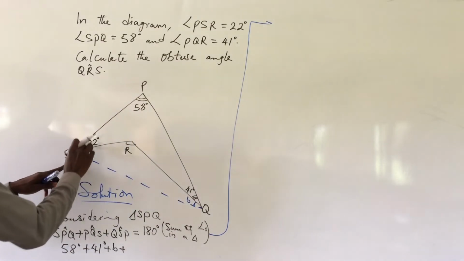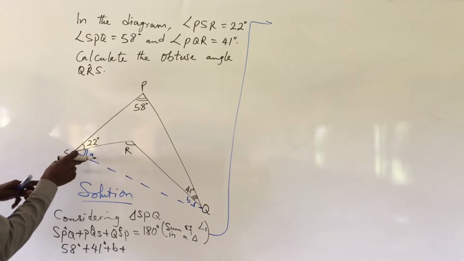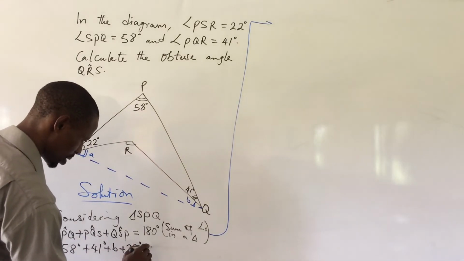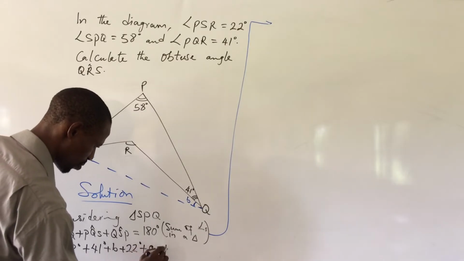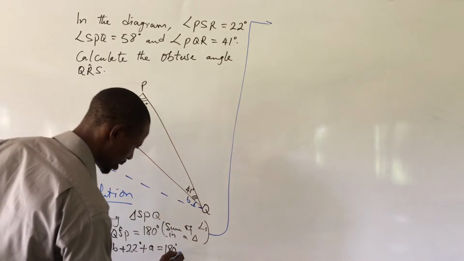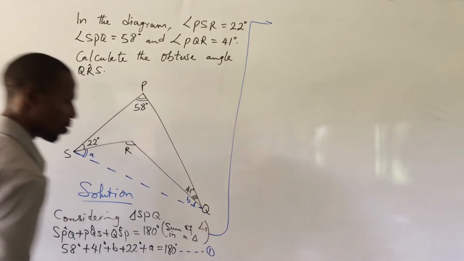QXP is made up of 22 degrees and A. So we have 22 degrees plus A, all equal to 180 degrees. All right, so let's label this equation 1.